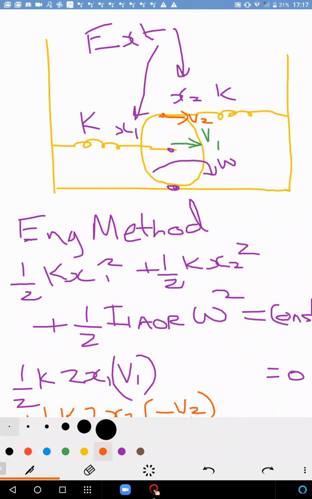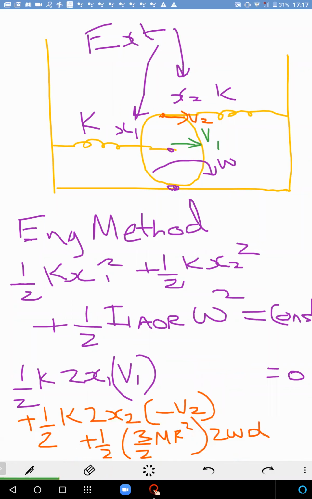If you apply constraints, v1 is r omega. Notice the direction has to also be correct. Omega clockwise है, v1 in this case right की तरफ है, तो v1 can perfectly be written as r omega.